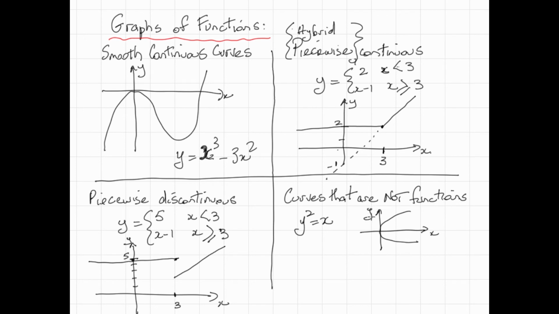That is not a function because if you go back to what we said was one of the tests for a function, given one x value, there can only be one y value. If I had this value here of x, there are two corresponding y values.